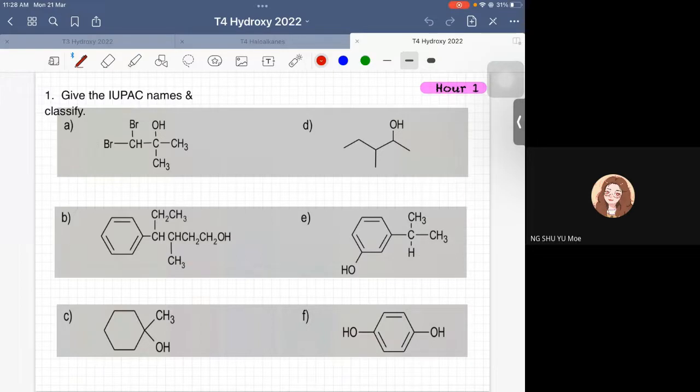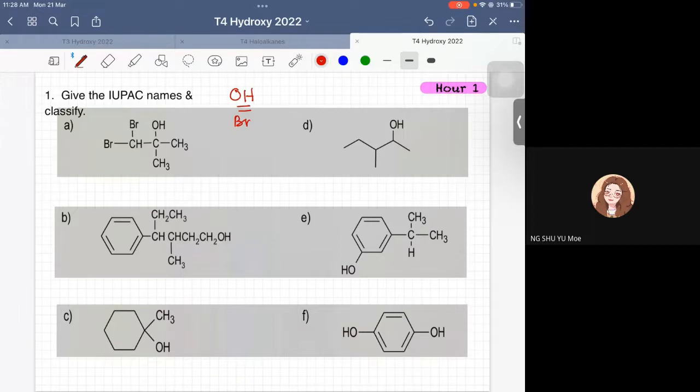Kita mesti jadikan parent kita carbon chain yang mempunyai OH. Okay, kita mesti prioritize OH. So dari segi ranking priority, hydroxyl group lebih tinggi priority daripada double bond, and then baru halogen. Baik, okay.